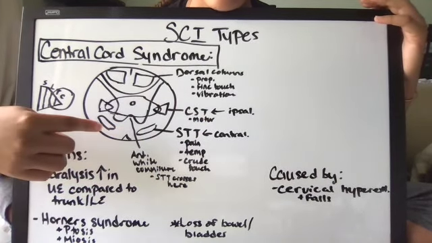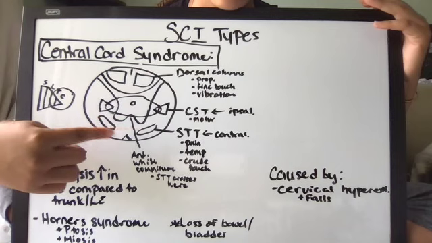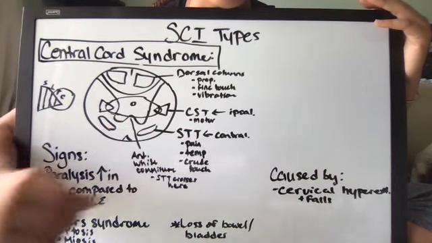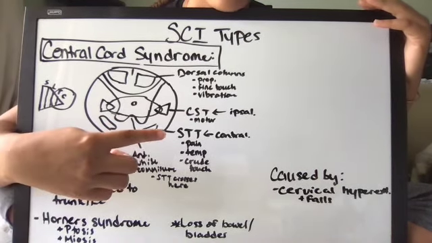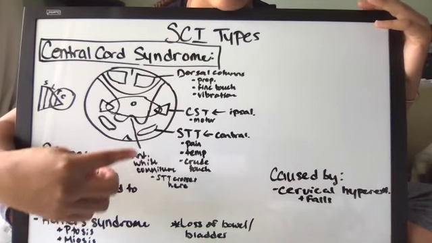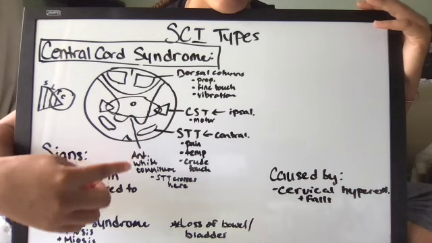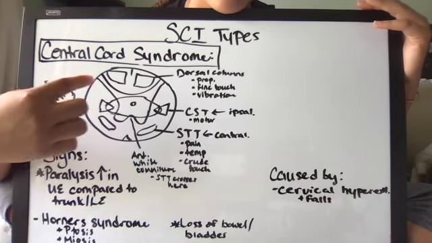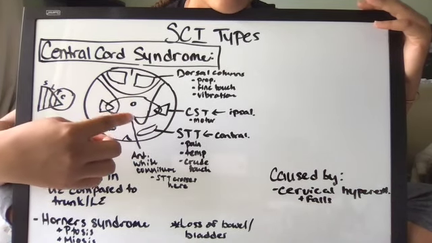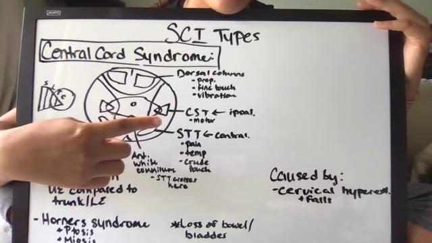Then down at the bottom, these two are the spinothalamic tract. Do note that I put contralateral because the spinothalamic tract does cross at that point. They actually cross right here at the anterior white commissure. So the spinothalamic tracts come in, cross here, and go to the other side.